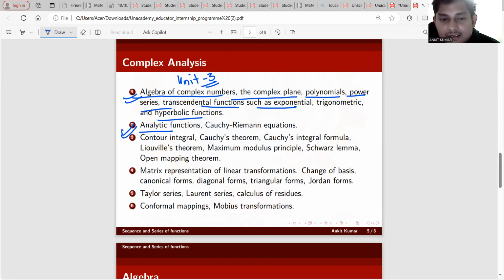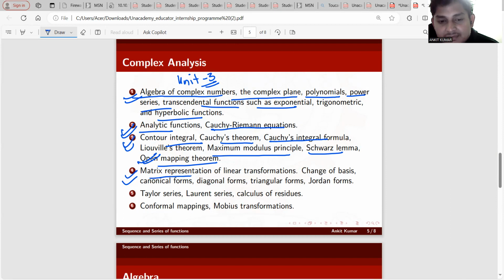In the second part, I will cover analytic functions, CR equations, which is the Cauchy-Riemann equation. After that, in the third part, I will cover contour integrals, Cauchy's theorem, Cauchy's integral formula, maximum modulus principle, Schwarz lemma and open mapping theorem.